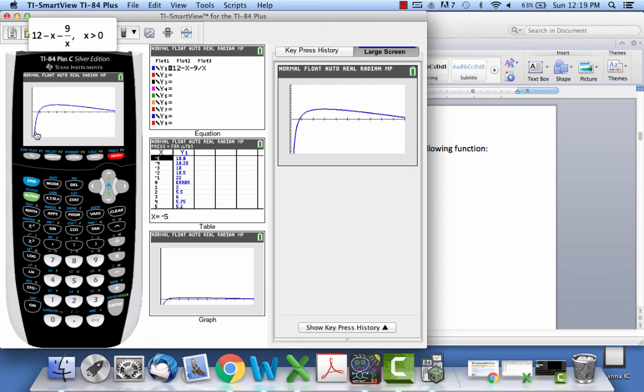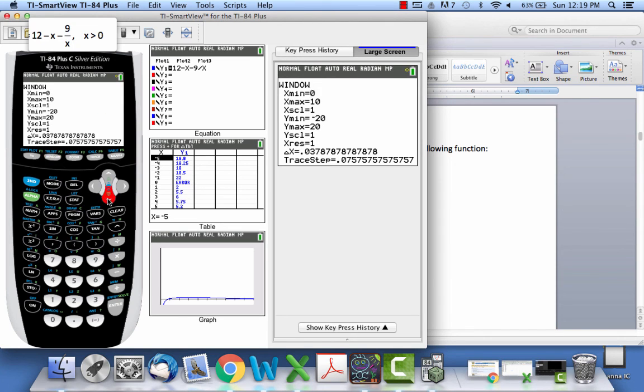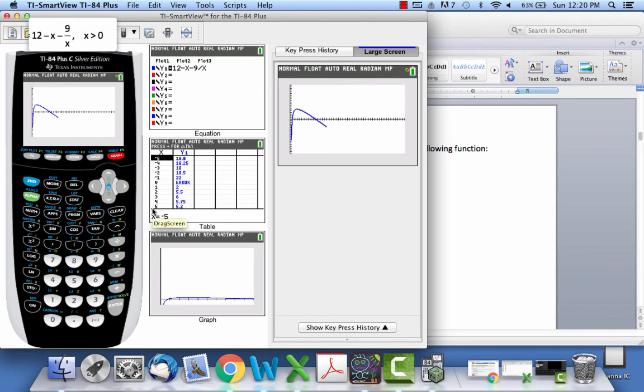Okay, so I'm going to negative infinity this way. I'm going to negative infinity this way. That's harder to see. If I change my window, let's make the X max 50. Hopefully that'll be enough to be clearer. So you can see it's going to negative infinity there. So I do have that one max and no mins.